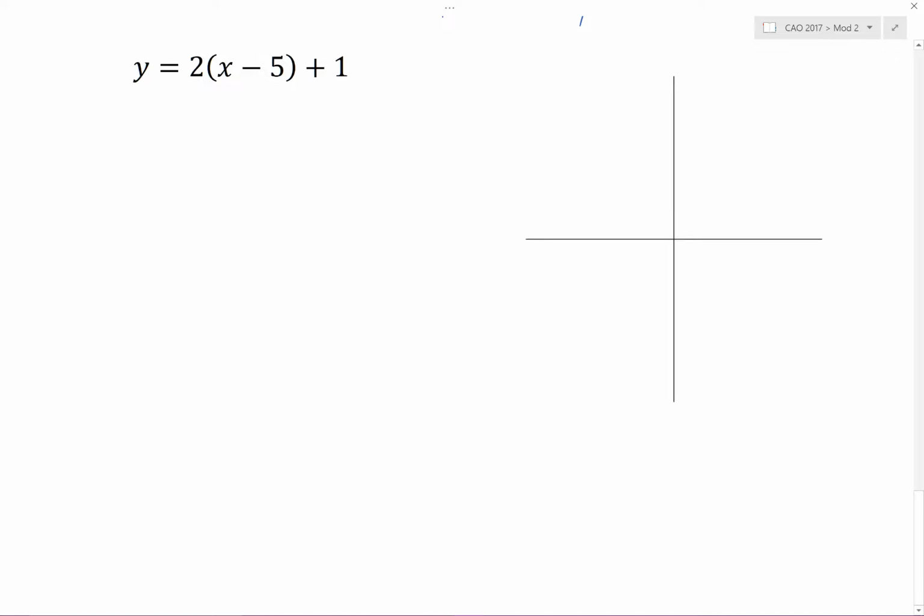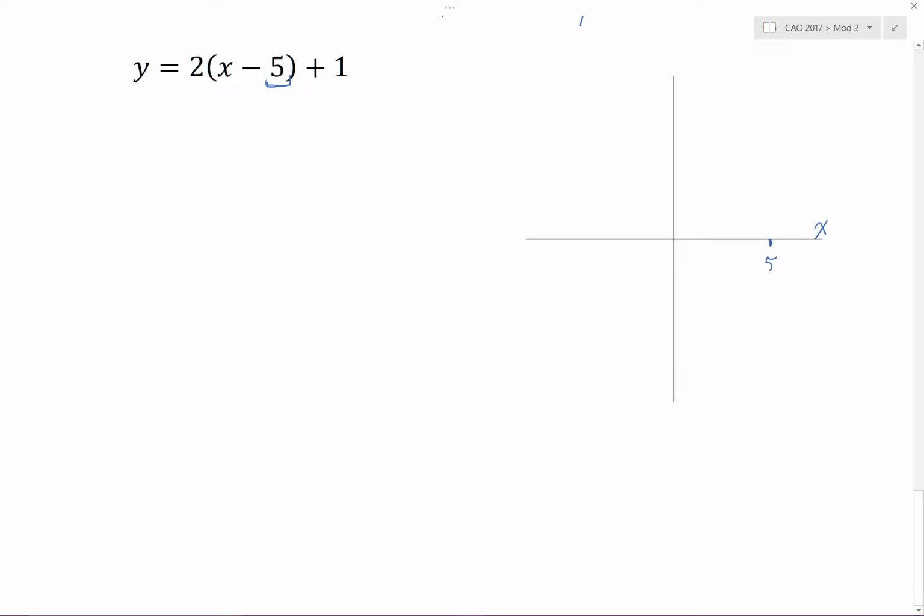Let's decide how x and y vary together and pick out some information that we know. Now this formula expressing y in terms of x is in the general linear function formula form. So we can look and see that x minus 5 tells us that 5 is the reference value for x.